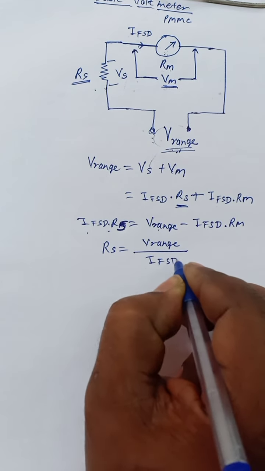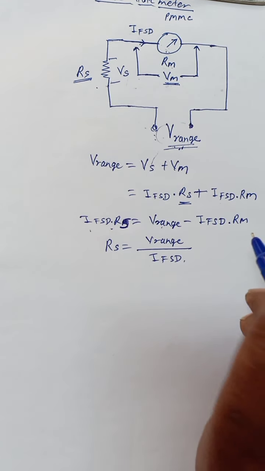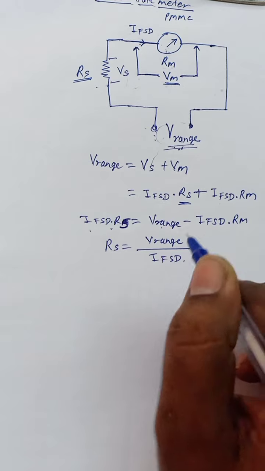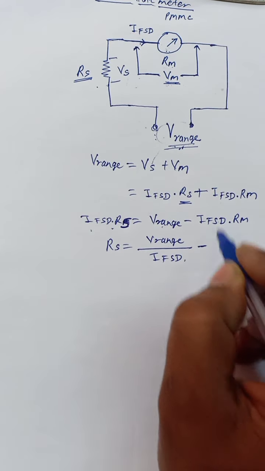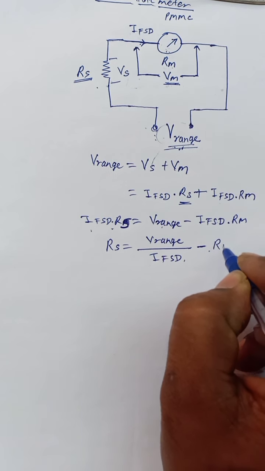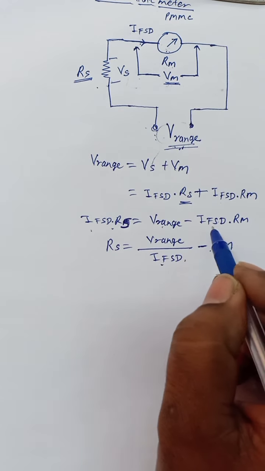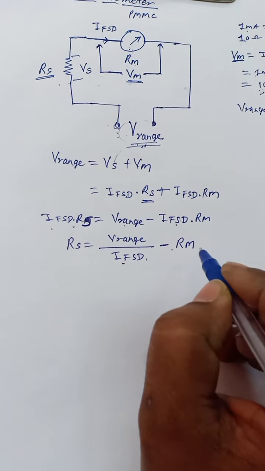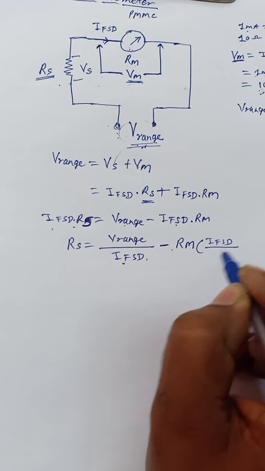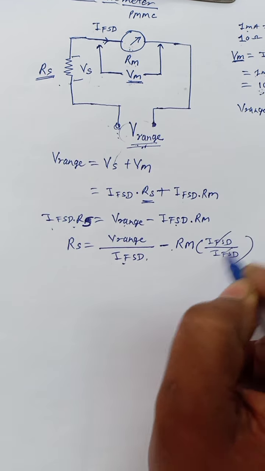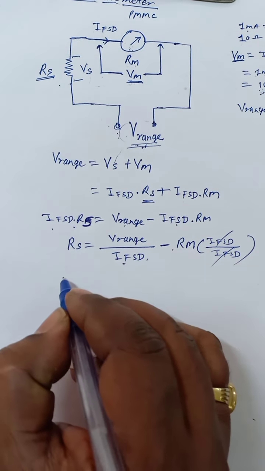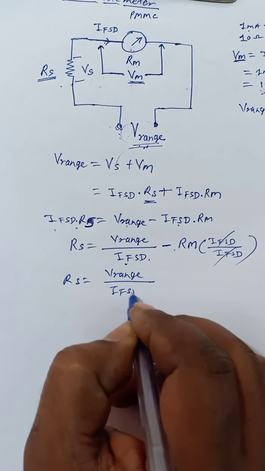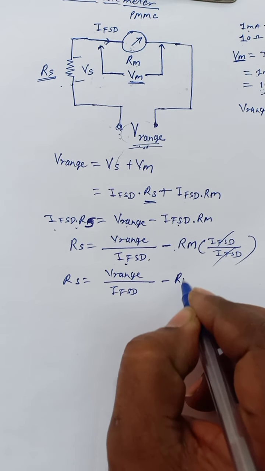So we can write RS equal to V range divided by IFSD, minus Rm. Here the IFSD divided by IFSD gets cancelled, and only this is the formula: RS equal to V range divided by IFSD minus Rm.